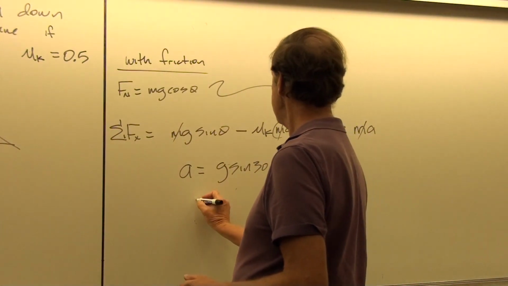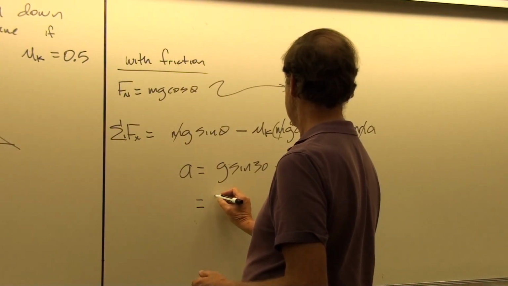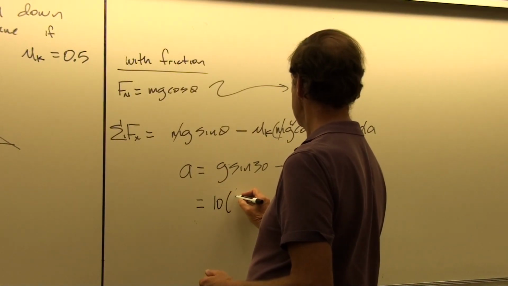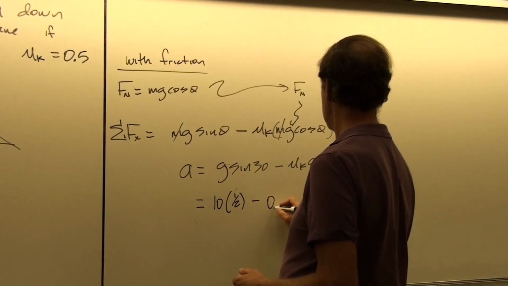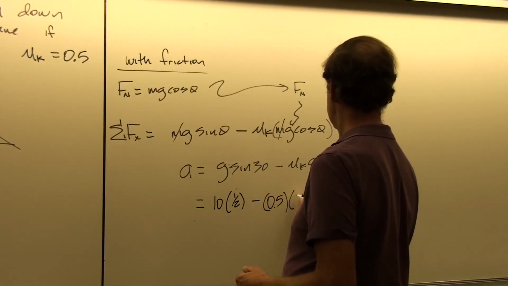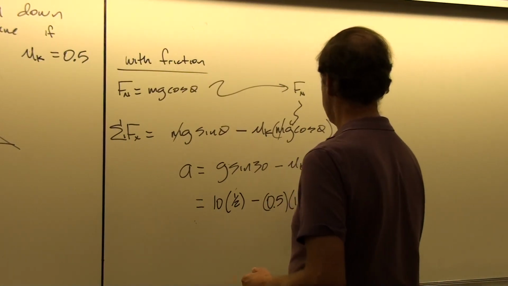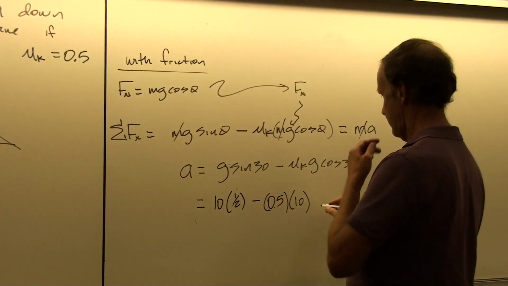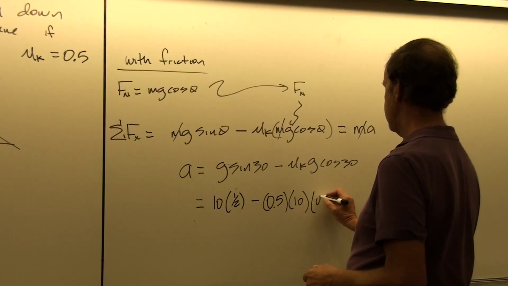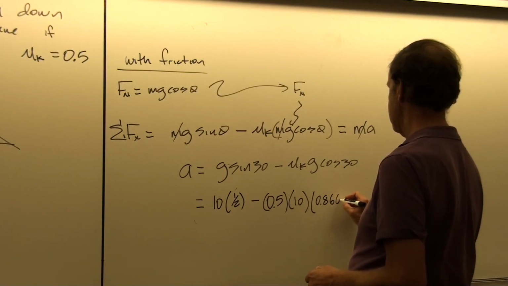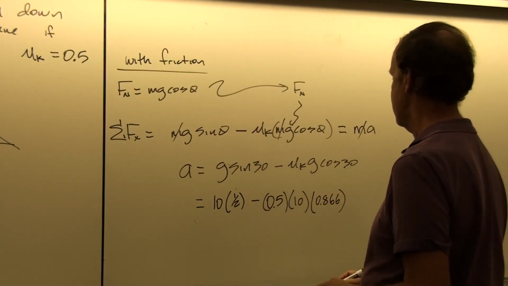Okay, so let's plug in the numbers. Here we have 10 times the sine of 30, which is 1/2, minus mu k, that's 0.5, times 10, times the cosine of 30, which is 0.866.